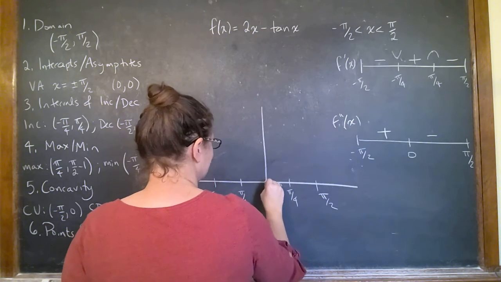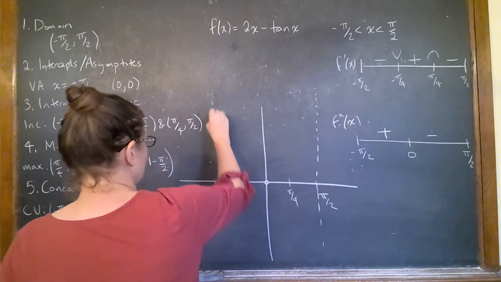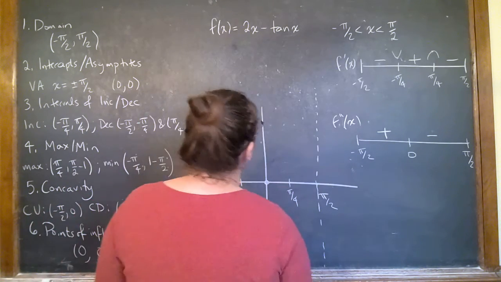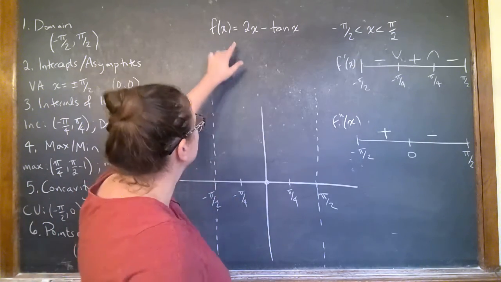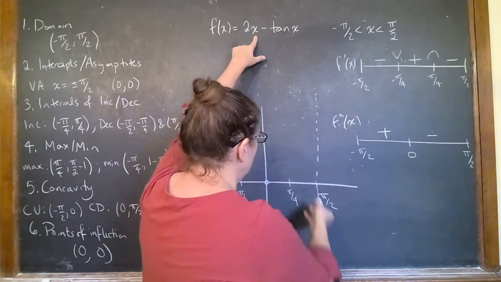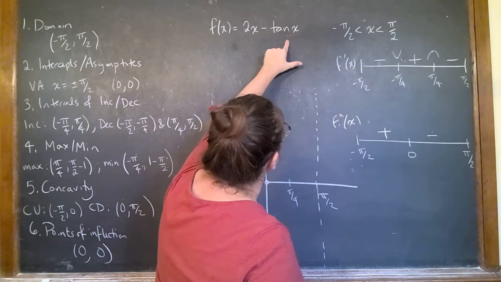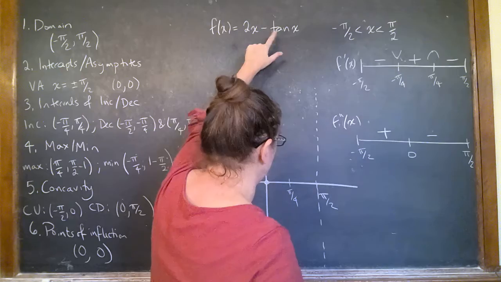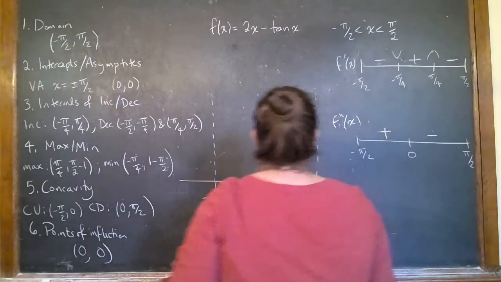This is going to be 0. So we have these two asymptotes. And so let's double check if this makes sense. If I'm going towards pi over 2, this is something positive, but it's minus the tangent, and the tangent is going to be something positive. So this should be negative. This should be going down. That makes sense because my function's decreasing.